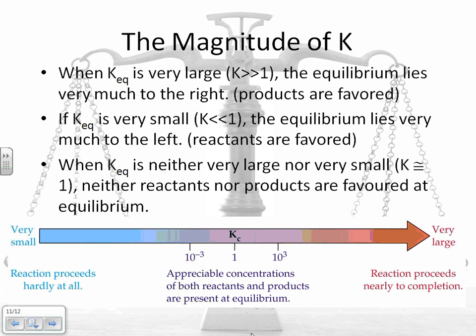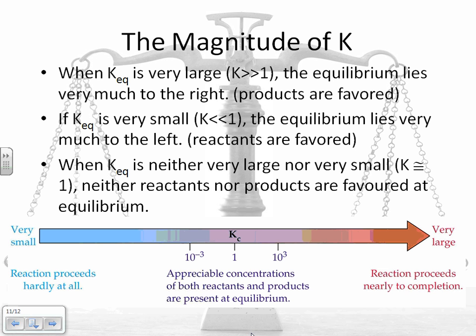If KEQ is very small, much less than 1, the equilibrium lies very much to the left, which means reactants are favored. When KEQ is neither very large nor very small, so when it's around 1, neither reactants nor products are favored at equilibrium. Okay, so that means you're making almost equal amounts of reactants and products.